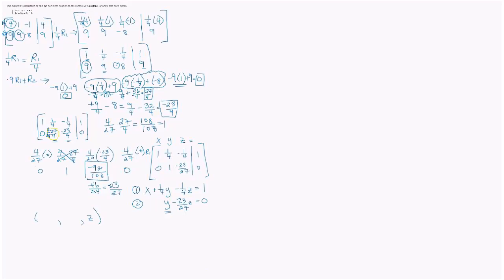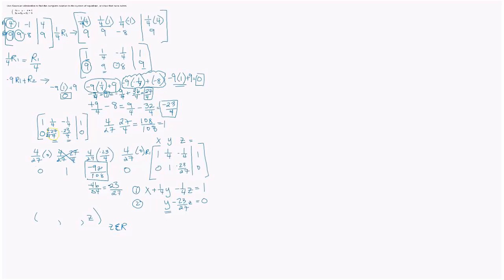It's going to be z is a member of any real number. So we just leave z, but now we want to put what y is equal to in terms of z. So everything's going to be in terms of z.